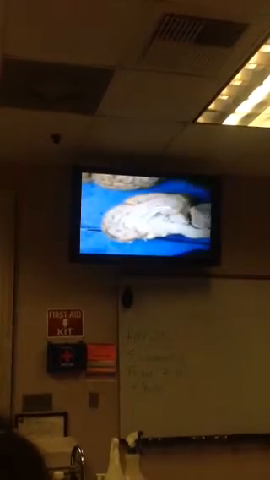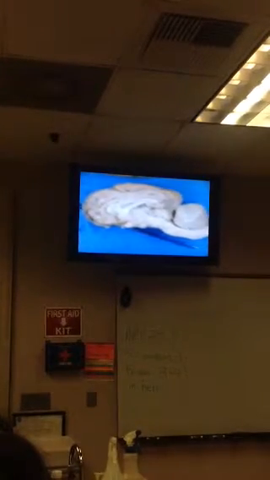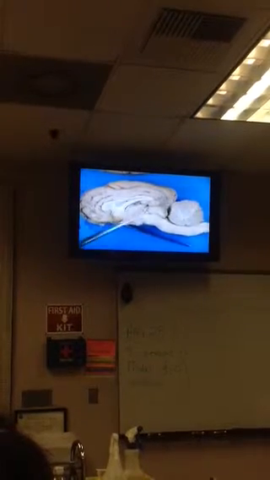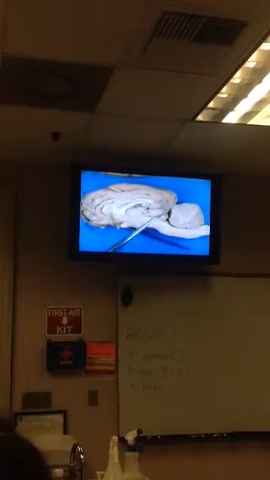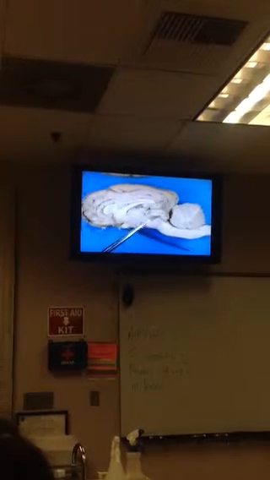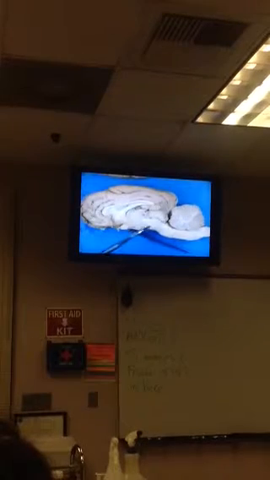The left and right superior and the left and right inferior colliculi together make the corpora quadrigemina. Now when you're only looking at one side, of course you're not going to say corpora quadrigemina because all you have is an inferior and a superior colliculus. So make sure you differentiate those.